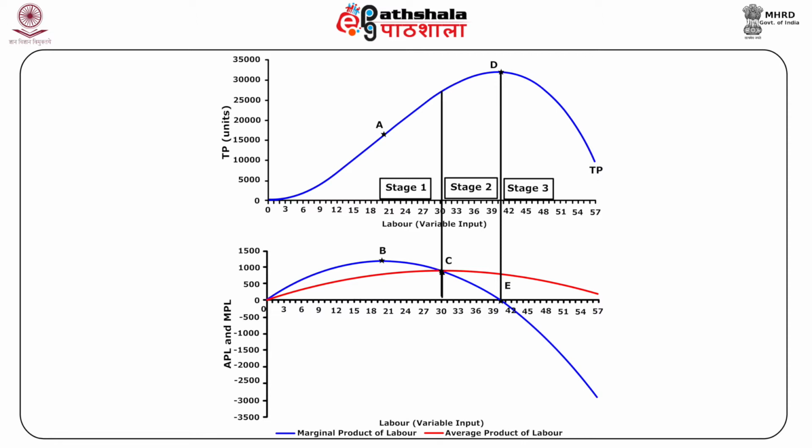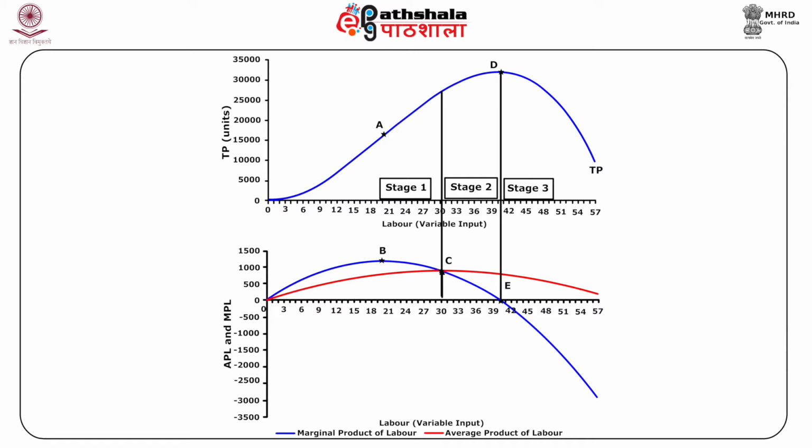After point A, the TP curve rises but at a diminishing rate. That is, TP curve becomes concave in shape. Beyond this point, the slope of TP, that is MPL, declines even though it is still positive. So, MPL starts diminishing once the firm employs labor beyond 20 units.